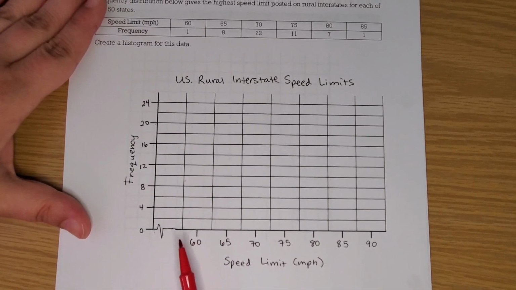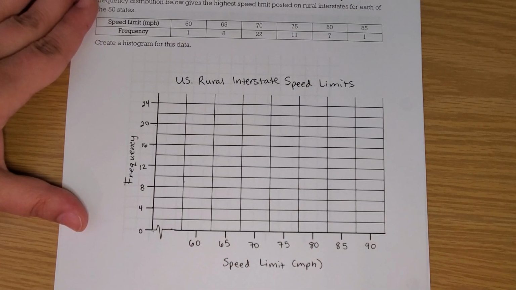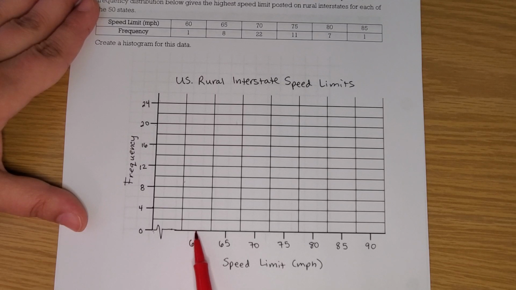You'll notice that the way this grid is set up, again, it won't always necessarily look like this, but the way that it's set up is so that these lines are in between these lines that I'm labeling each bar with. So for the bar for 60, it's going to go from the line to the left to the line to the right. And the bar for 65 is going to go from this bar to over here, this bar. So there's no space in between them.